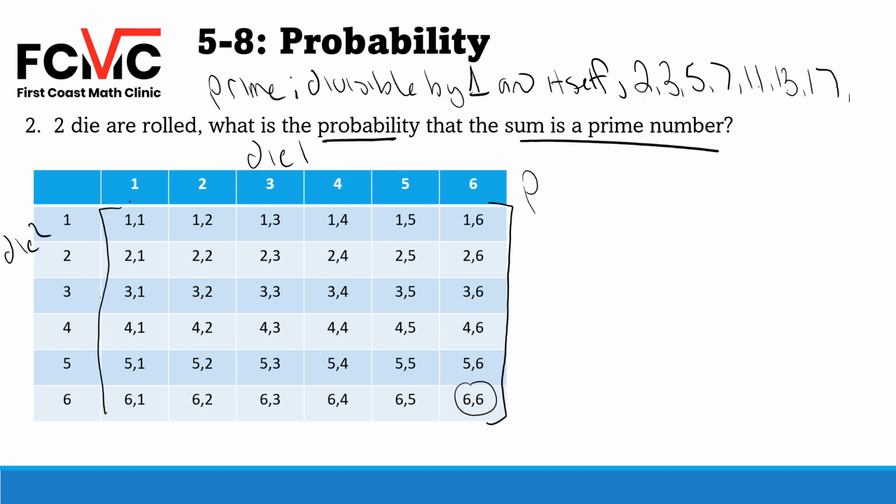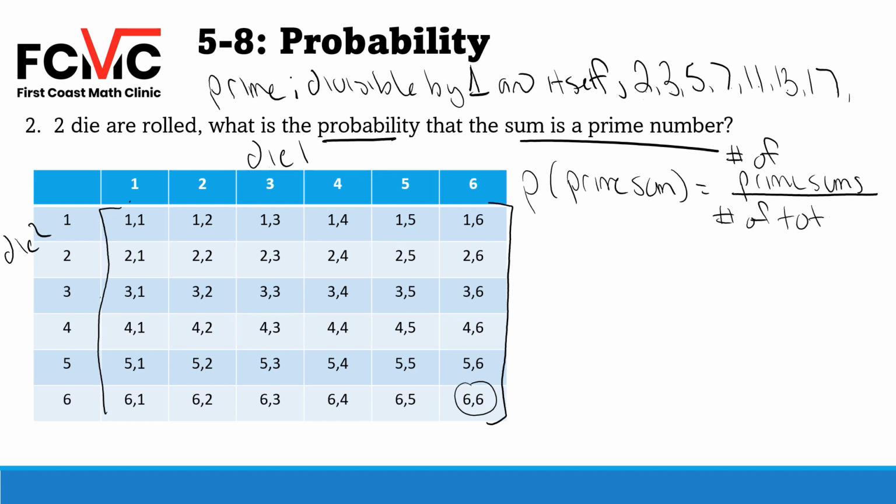So let's set up: we want the probability of a prime sum. Our favorable outcome will be the number of prime sums. Our denominator is going to be the number of total outcomes. We know from the previous problem those total outcomes are going to be 36.